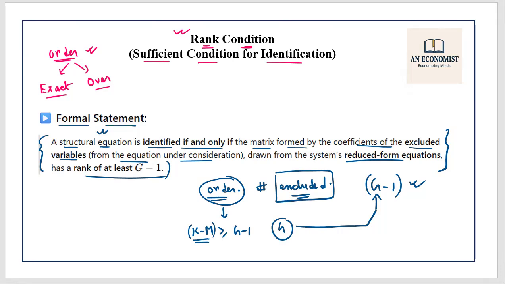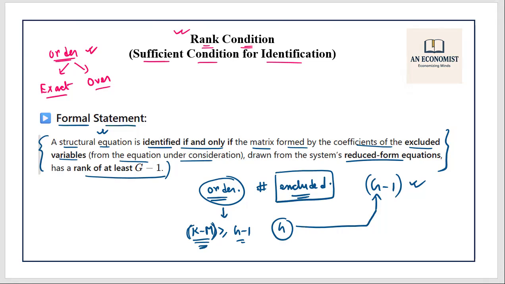M is the total number of variables present in a particular equation, but not the entire model. And G is the total number of endogenous variables, right? So we have discussed this. The total number of excluded variables from a particular equation, given by the difference K minus M, has to be exactly enough.